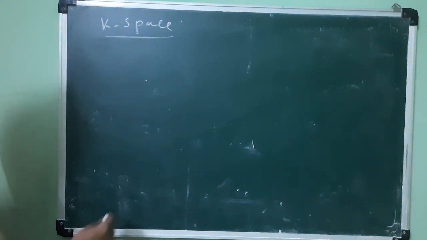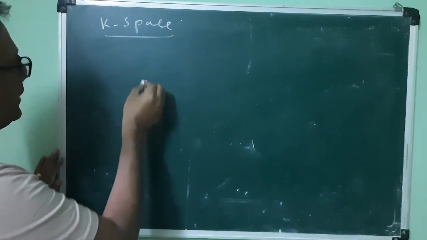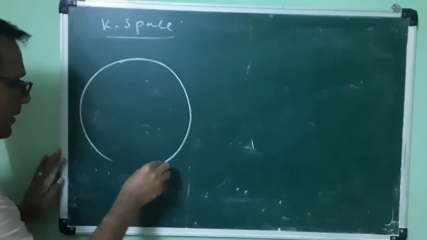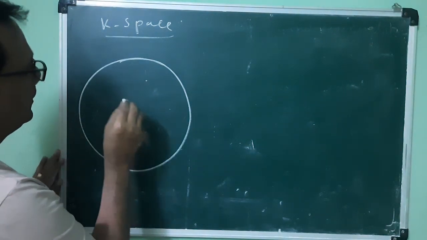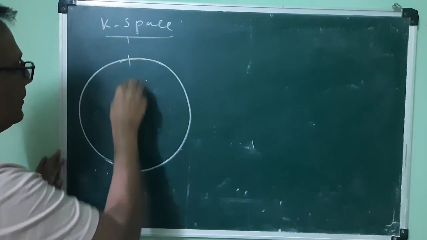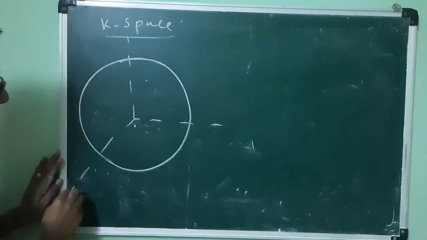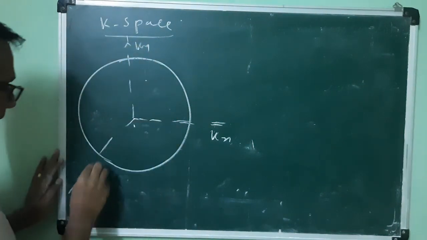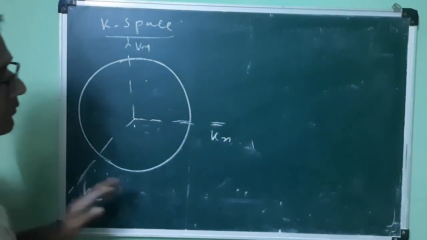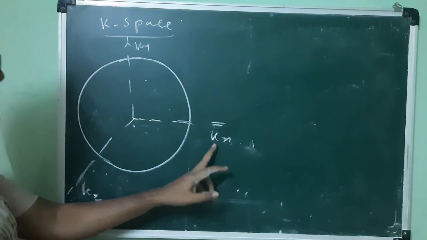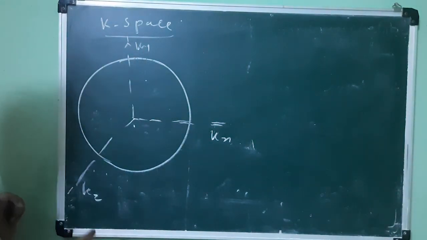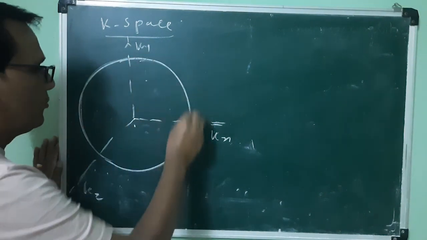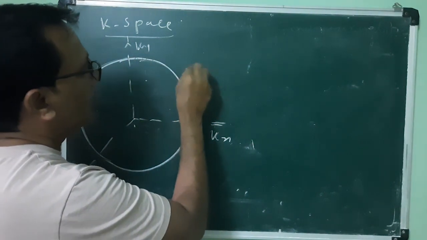So here this k space is just a three-dimensional space where there is a probability of existence of that. This is kx, this is ky, and this is kz. So in place of x, y, z, we will use kx, ky, and kz, and this type of surface, another term we will use, is known as a Fermi surface.